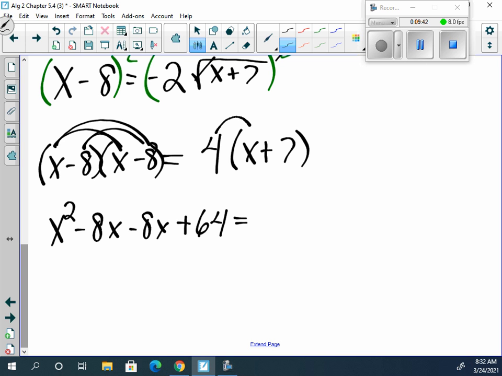While we're using the distributive property, we might as well multiply the other side. 4 times x will be, 4 times 7 is, combining like terms.